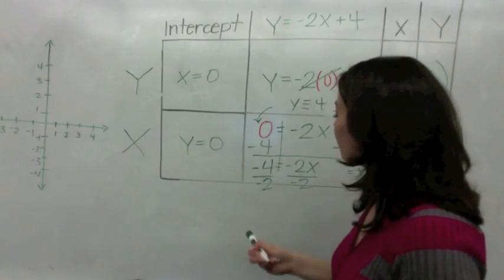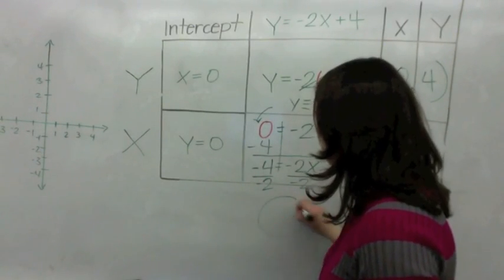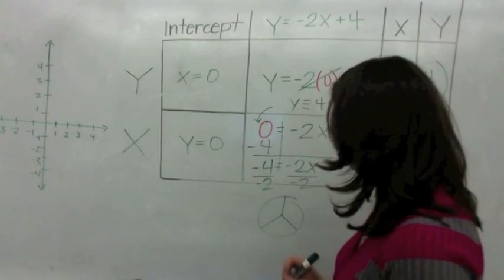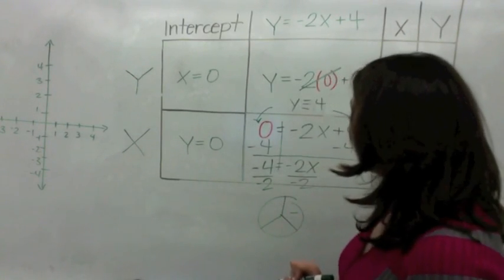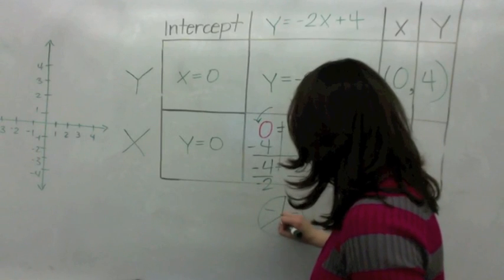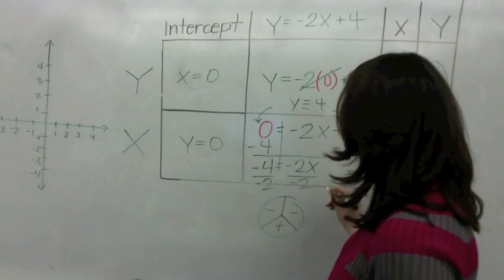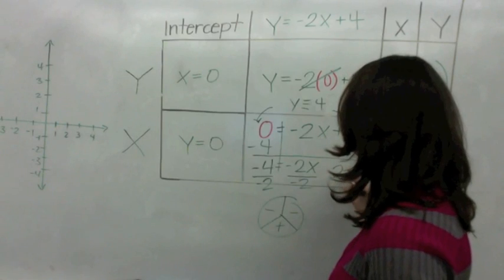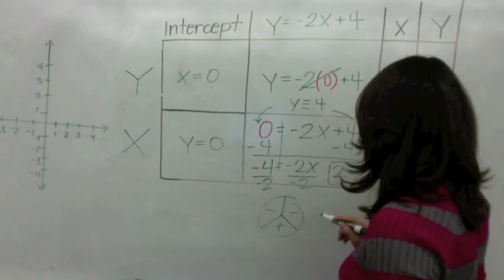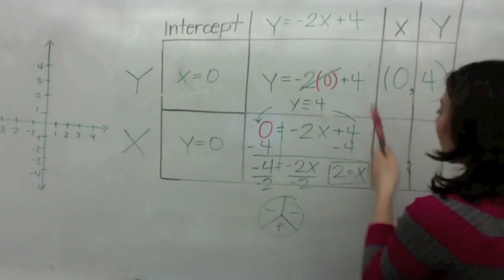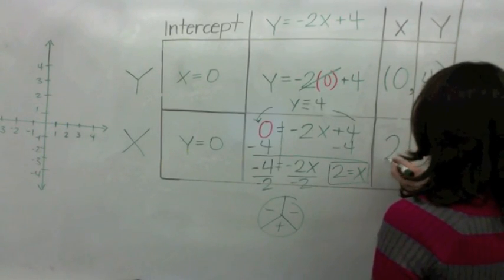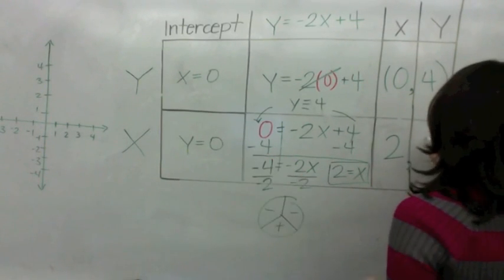What is -4 divided by -2? Remember Bob's cousin. He says to you, a negative divided by a negative is positive, homie. So x is going to equal positive, what? +2. That's right. So the x-intercept is 2, but the y-coordinate is 0.